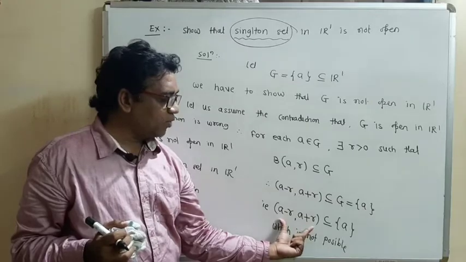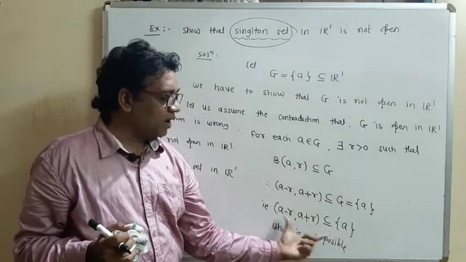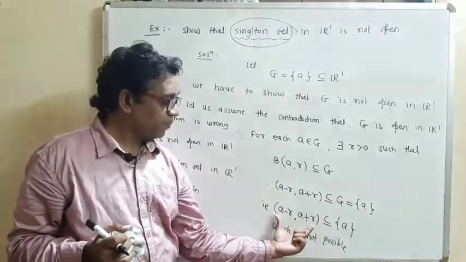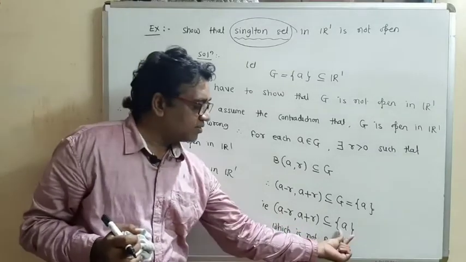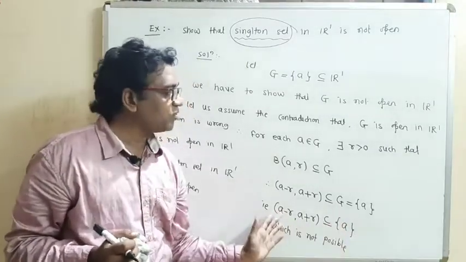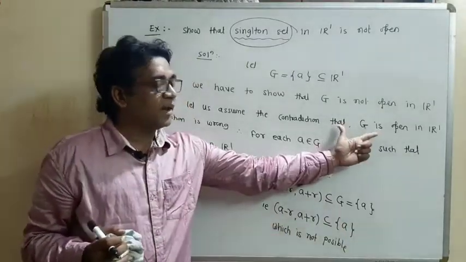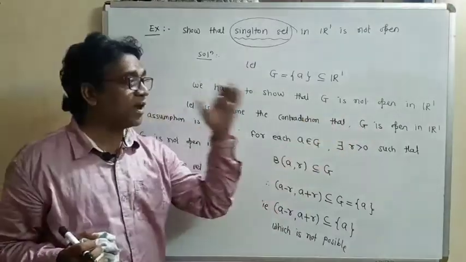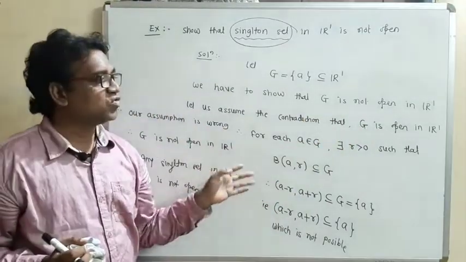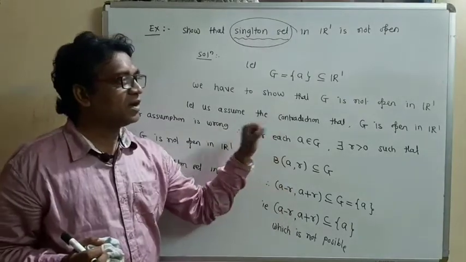So a minus r to a plus r is a subset of {a}, and this is never possible because this is a larger portion and this is the smaller portion. So G is open in R1 is not possible. What is the correct statement? G is not open in R1.